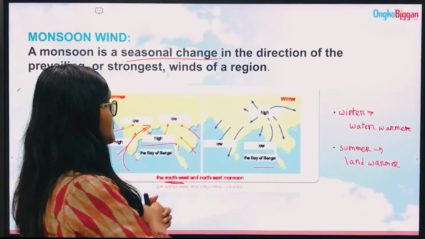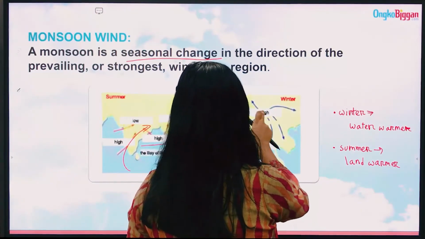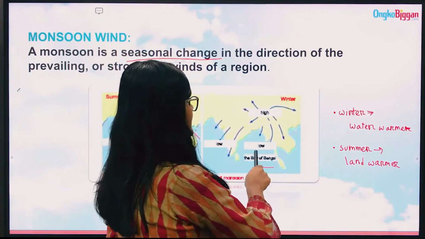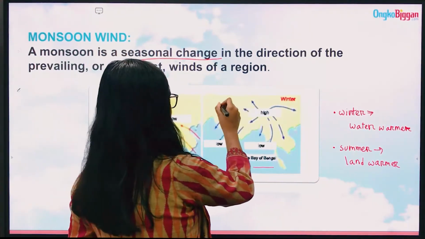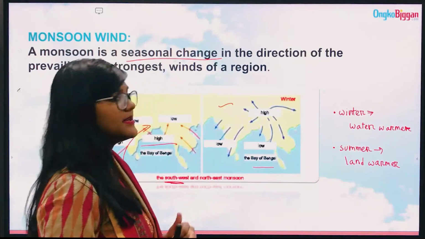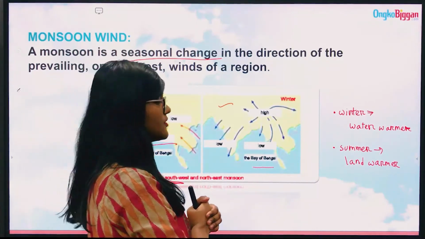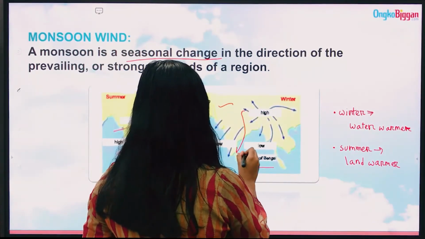And in winter, the water bodies remain warmer than the land area. That means the air pressure over the water bodies in winter is lower than that of the land area. So in winter, air rushes from the high pressure land area to the water bodies.